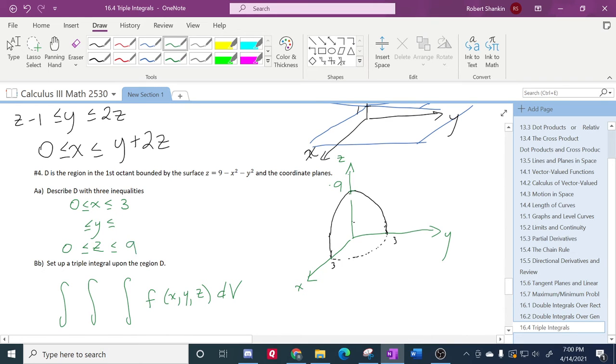So from 0 to 9, z. And then for x, I thought it's from 0 to 9 minus y squared. But we also have another option for x, which is from -3 to +3.